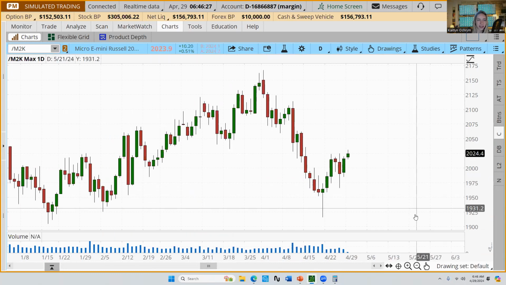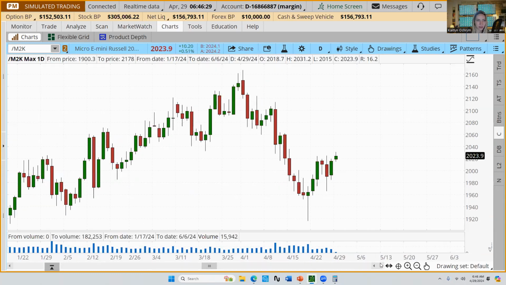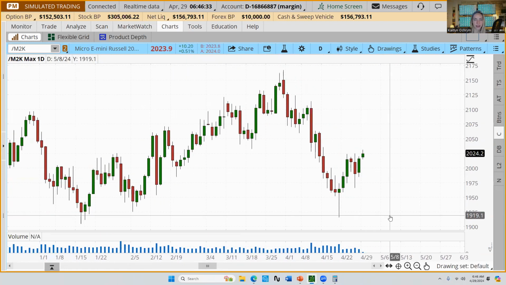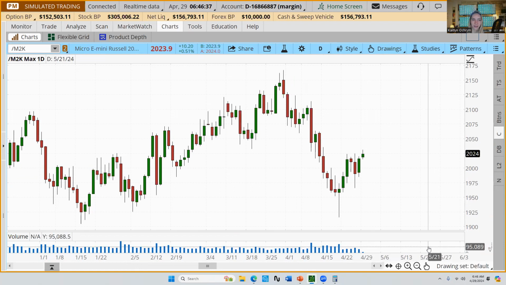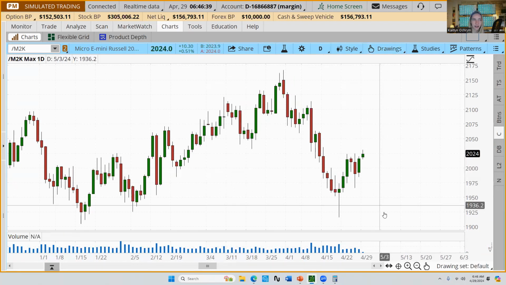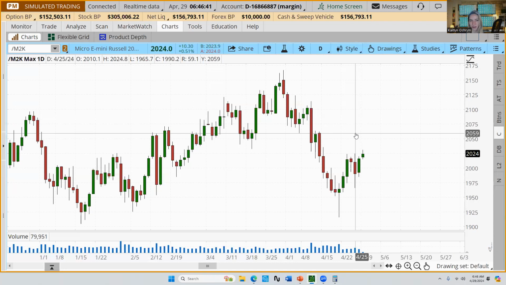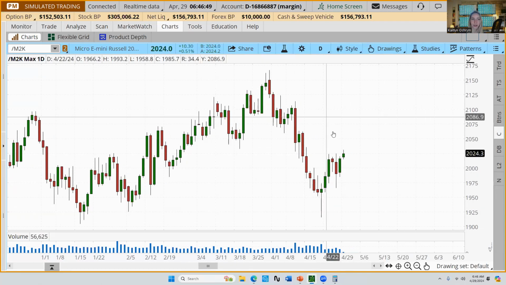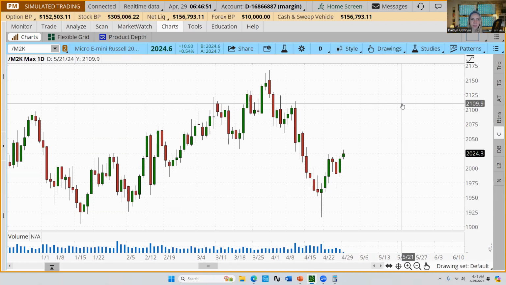What do you guys see here on the Russell daily time frame? Let me see if you guys can see it. So take a look at the micro Russell or even the Russell chart. You see how price broke out here. Just tell me what you guys are seeing that's leading you towards how you're going to trade the Russell.